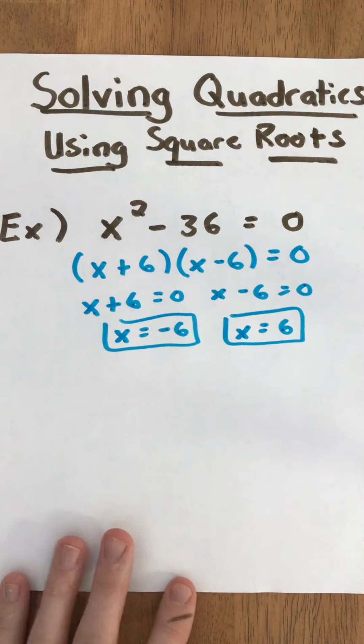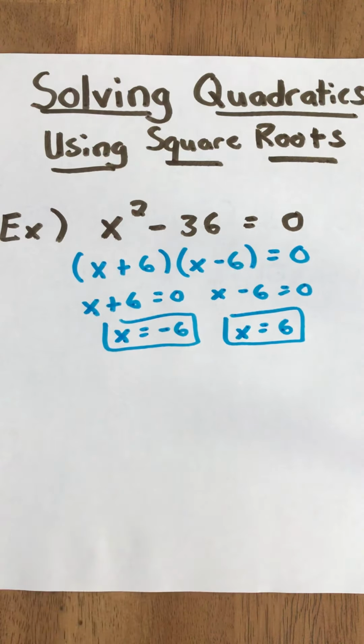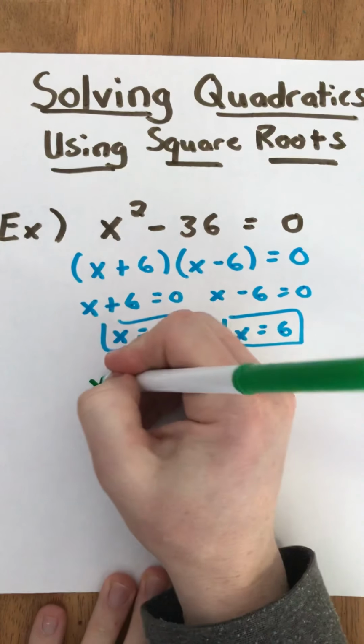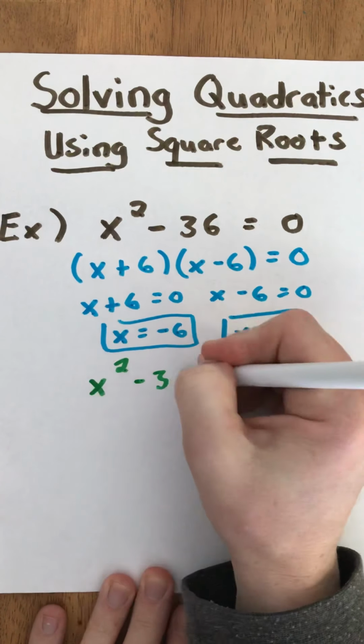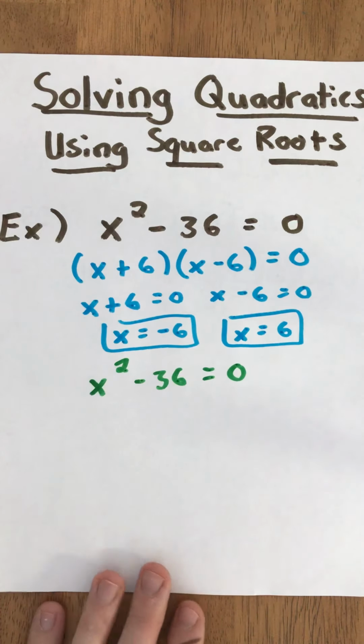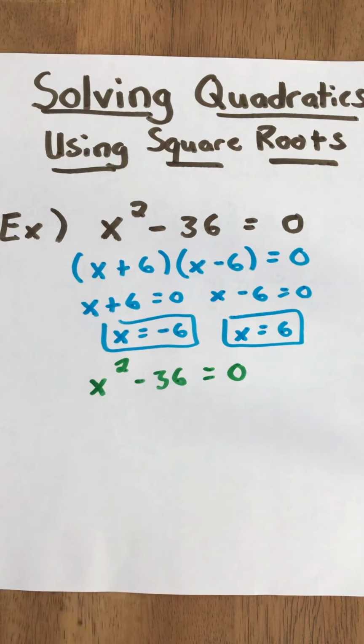Now that way wasn't particularly difficult, but I just want to show you another way that you can do these problems. You may find it easier, you may not. But the good thing about this next method is it doesn't necessarily have to be a perfect square. So we could solve this problem, x squared minus 36 is equal to 0, just like if we had a regular equation where we're trying to get x by itself.